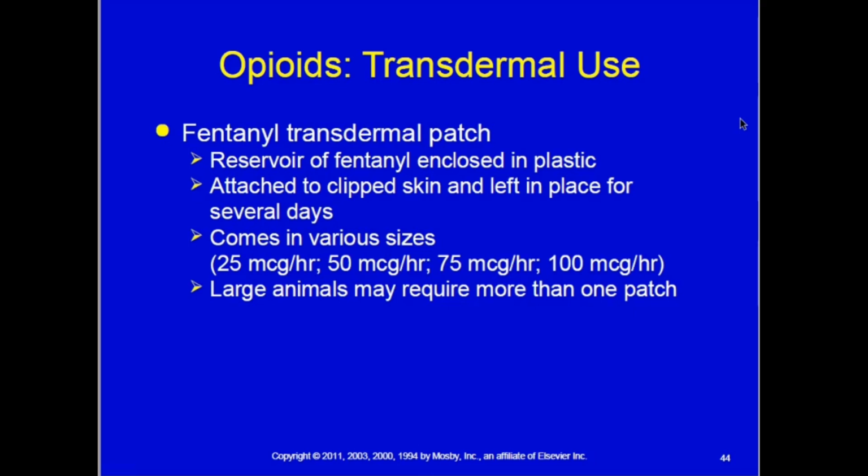Lipid soluble opioids also come in the form of transdermal patches. For example, fentanyl, buprenorphine patches, then other NSAIDs like diclofenac also come as transdermal patches, and ketorolac also comes as transdermal patches. But morphine doesn't come as a transdermal patch because it is not lipid soluble.